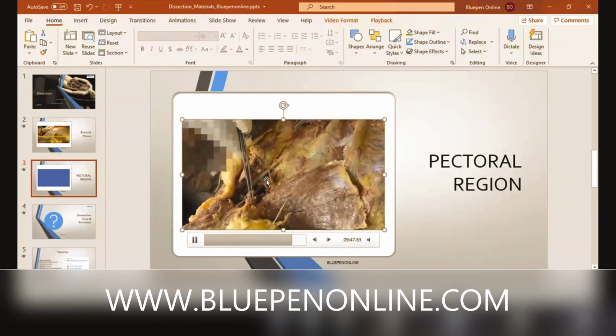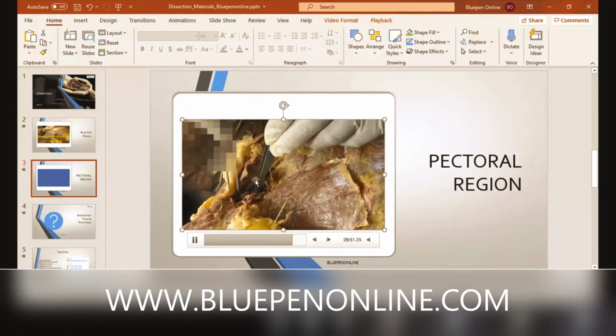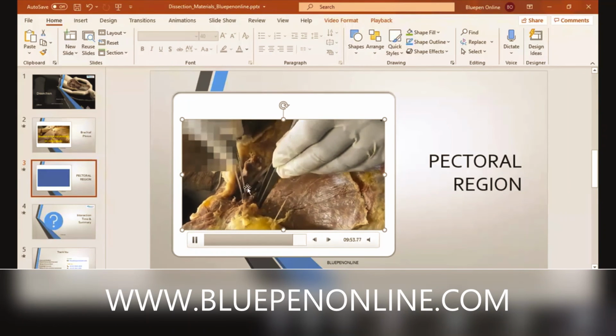The first structure, the lateral pectoral nerve. He is showing the lateral pectoral nerve here.